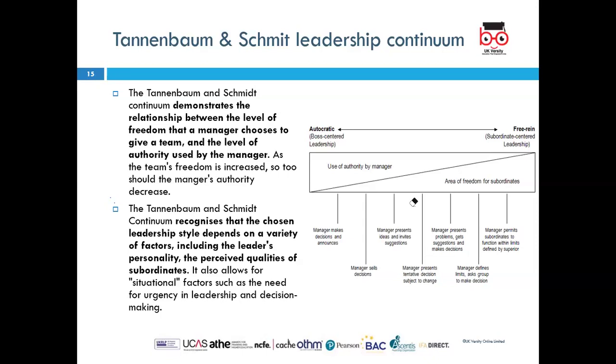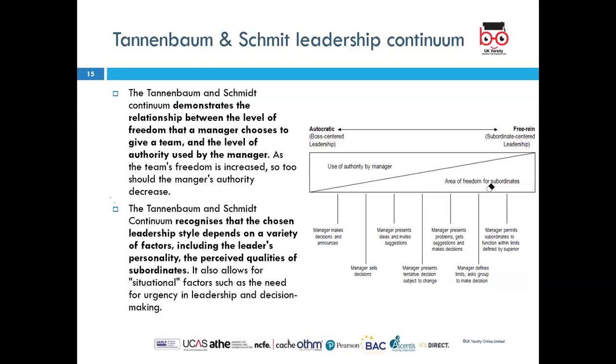In the fifth one, the manager presents problems and gets suggestions and makes decisions according to them. So this is completely giving power to the subordinates. As you can see in the extreme right side, there's an increased area of freedom to the subordinates. And then in the sixth one, the manager defines their limits and asks the group to make decision.